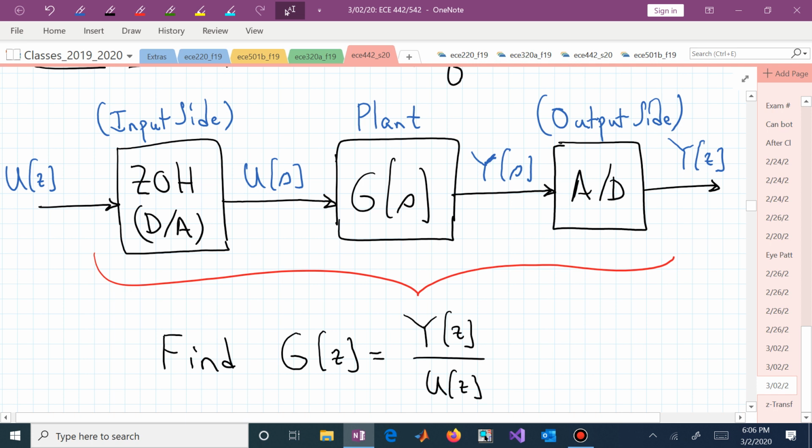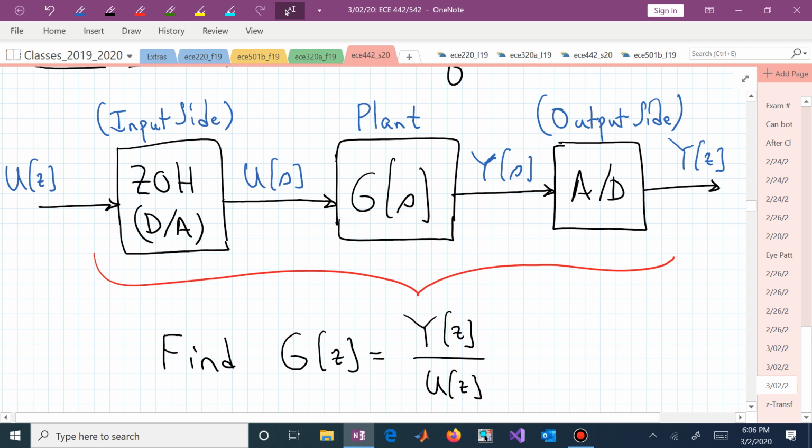Right now we're worried about, can we model this zero order hold's dynamics and package that together with what we know G of S is, package that also with the A to D, put all of those pieces together to create this capital G of Z, our zero order hold equivalent.